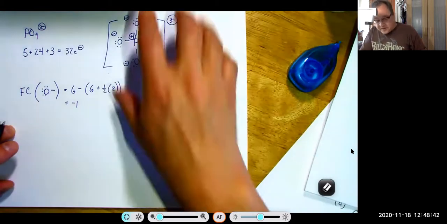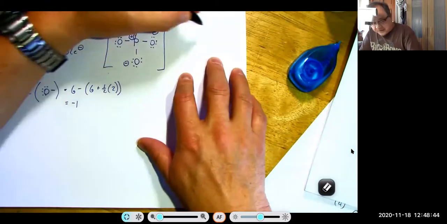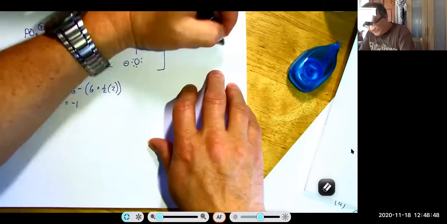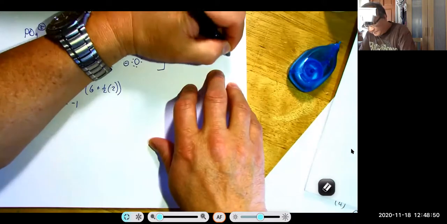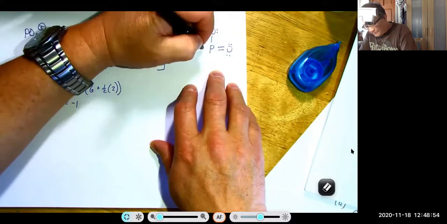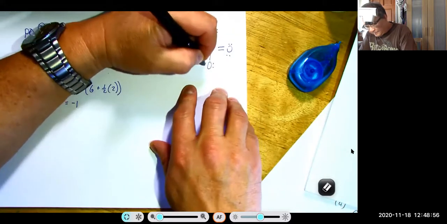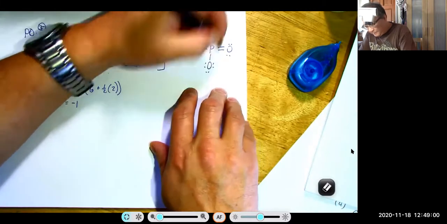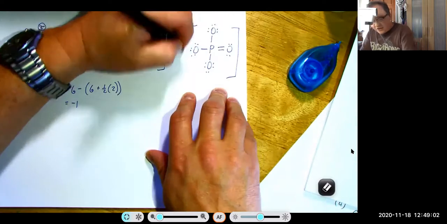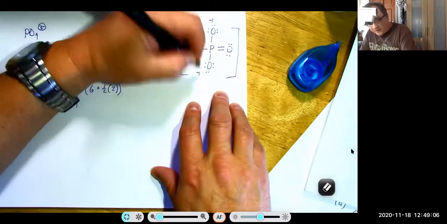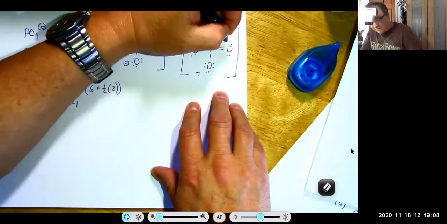So this isn't too bad, but what happens if we take a lone pair and make it into a bond? In this case, you have a -1 here, a -1 here, a -1 here, a 0 here, and a 0 here.